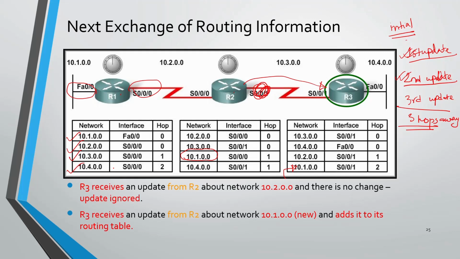Because if you have many routers connected and some are 10 or 12 hops away, it will take more time for a router to know about the topology, because router R1 totally depends on R2. If R2 says there is a network on the other side, router R1 enters that. If router R2 says there is no network, then router R1 will have no idea whether there are any routers or networks available.